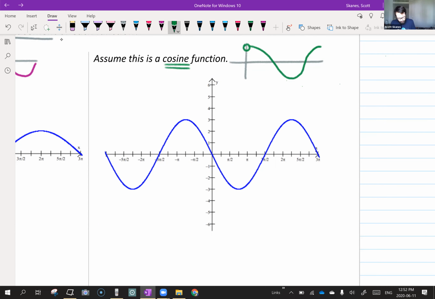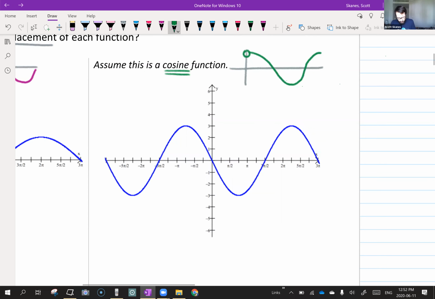So it starts up. Y-intercept at y equals 1. It goes downhill.